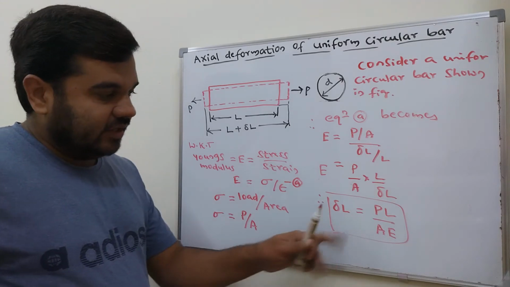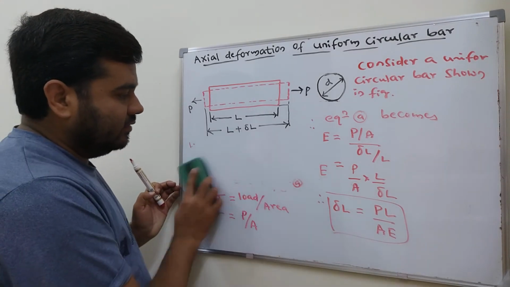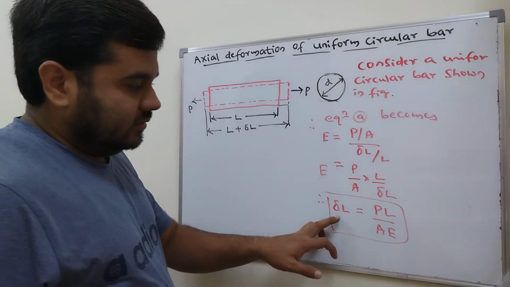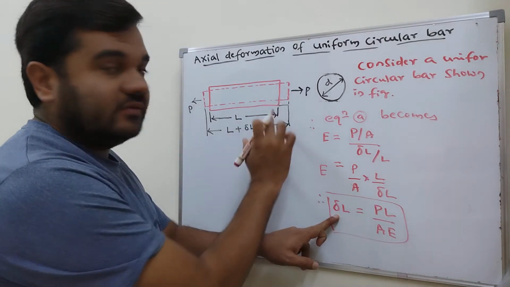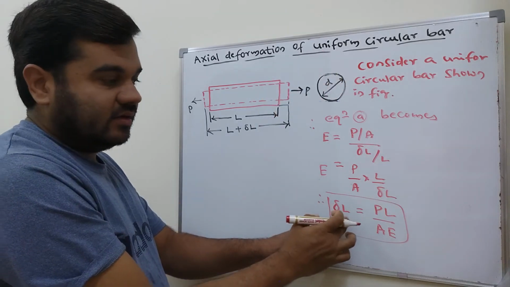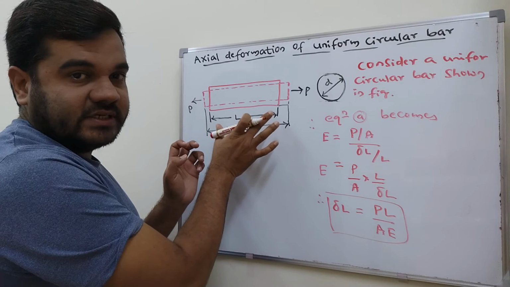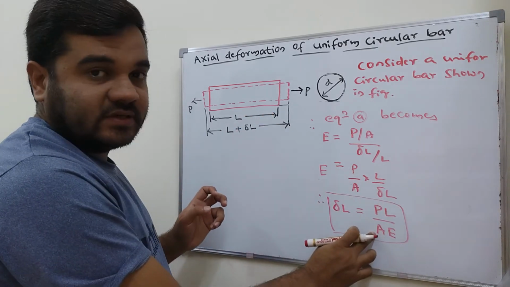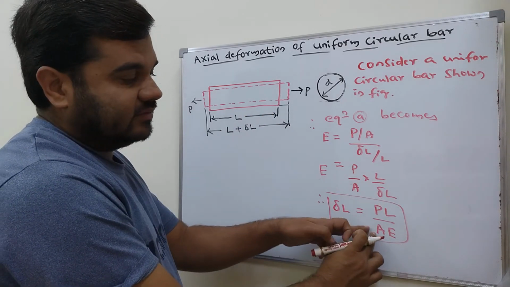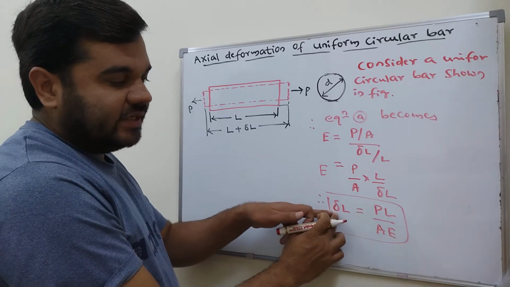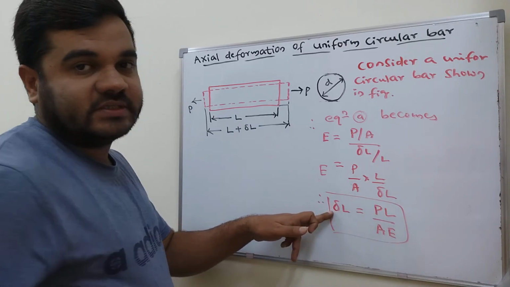So from this equation, what do we come to know here? For the given circular bar having constant length and constant cross sectional area, and for the applied load P, the deformation is inversely proportional to Young's modulus.